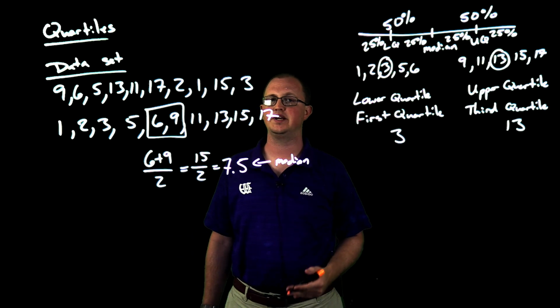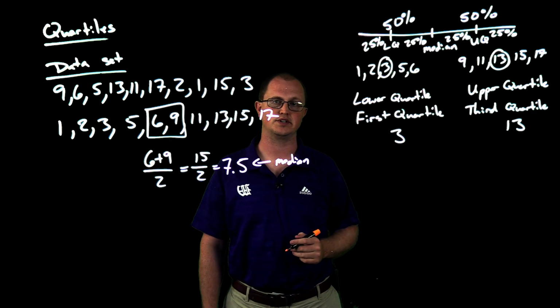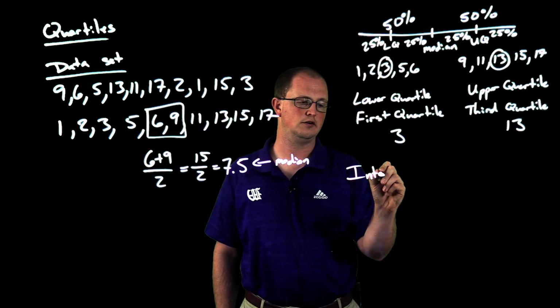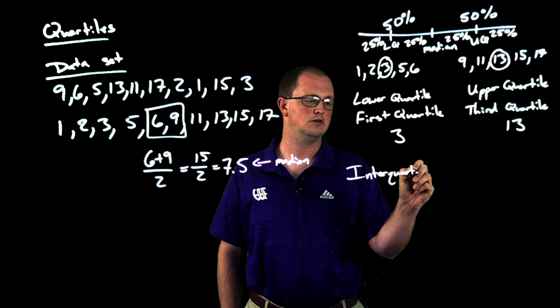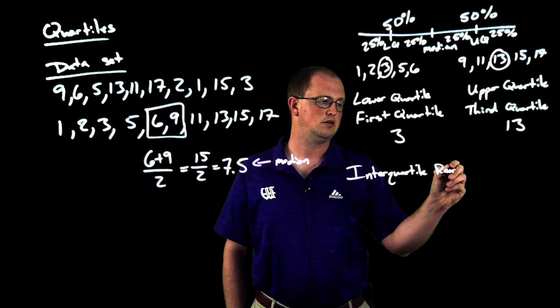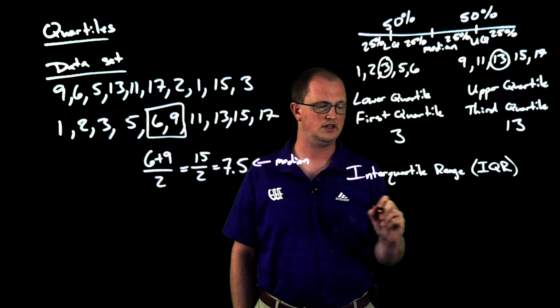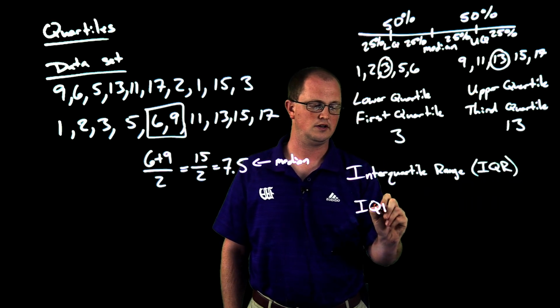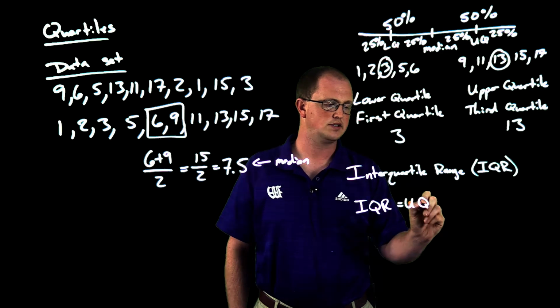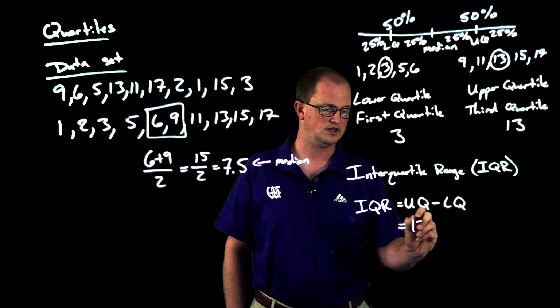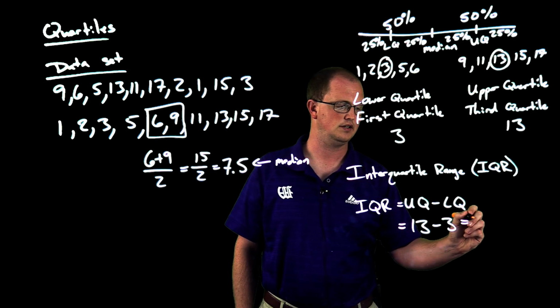And so now we can ask, what is the interquartile range? And the interquartile range, abbreviated IQR, is just the upper quartile minus the lower quartile. And so in this case, it's 13 minus 3, or 10.